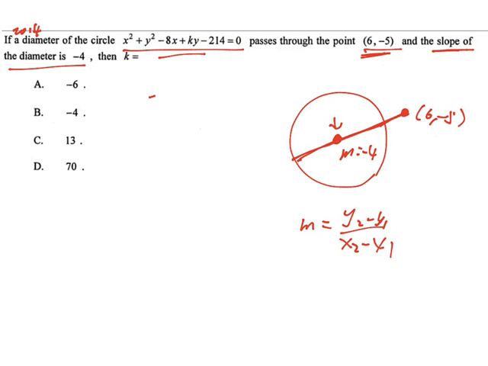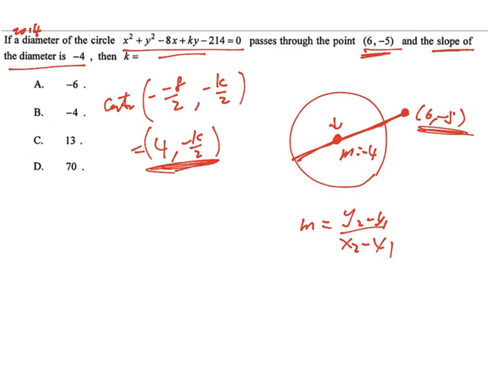So that means -x coefficient over 2 for the center, and then -k/2. So it is 4, -k/2 for the center. So we have this point and this point. So we check the slope between these 2 points. So y2 minus y1 over x2 minus x1 equals -4.